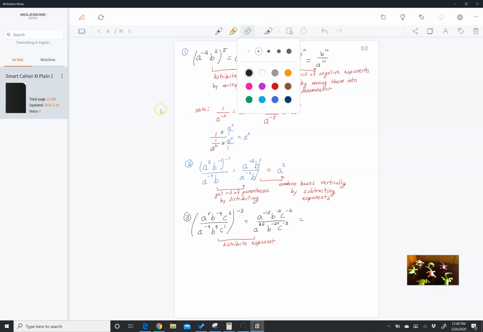So negative 15 minus 12 is negative 27. 12 minus negative 24 is positive 36. And negative 6 minus negative 3 is negative 3. So here we combined vertically, which means subtract exponents.